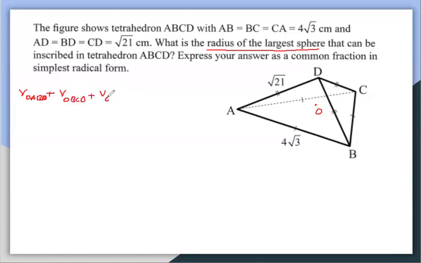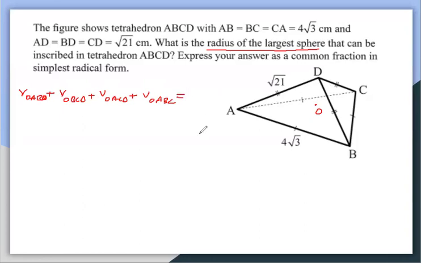Then we will get another face, ACD, so OACD, and then ABC with O, right? So volume of OABC.